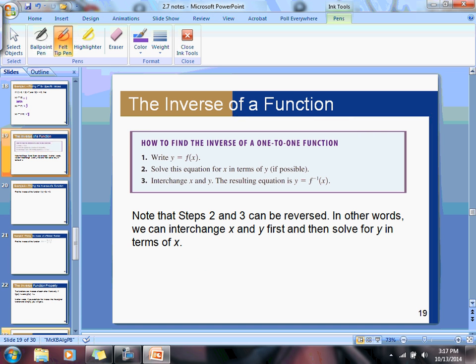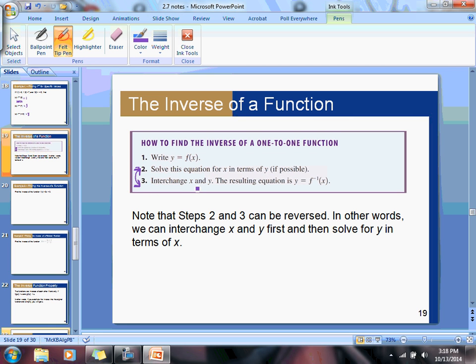Now, we can actually find the inverse of a one-to-one function algebraically. We're going to write the equation replacing f of x with y. So that's our first step. Now, for the second and third steps, I want you to flip-flop them. I don't really like how the book has them ordered here. So what we want to do is rewrite the equation so that we have y equals whatever it is.